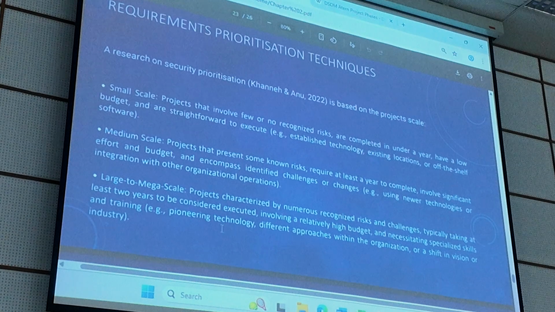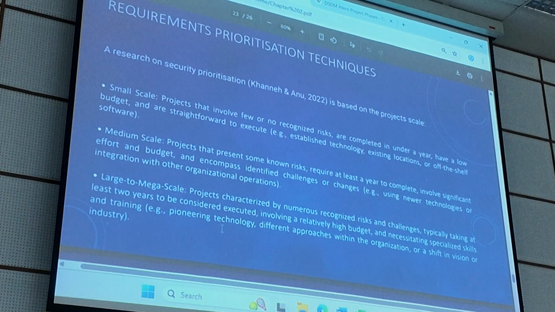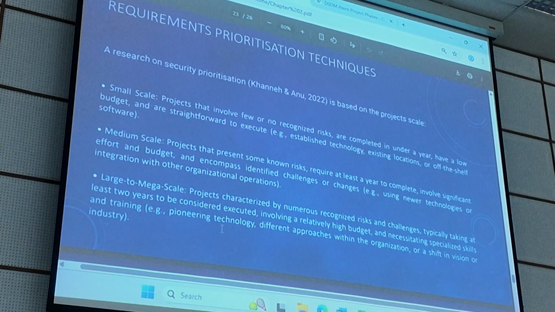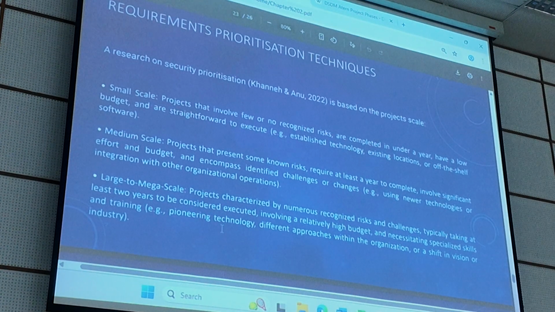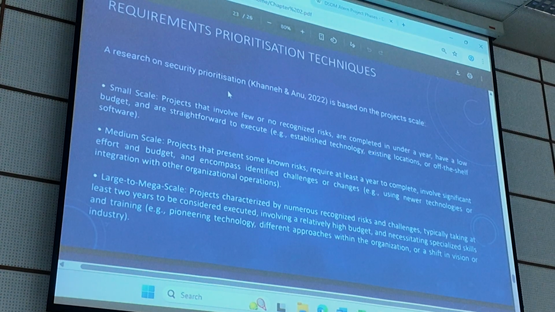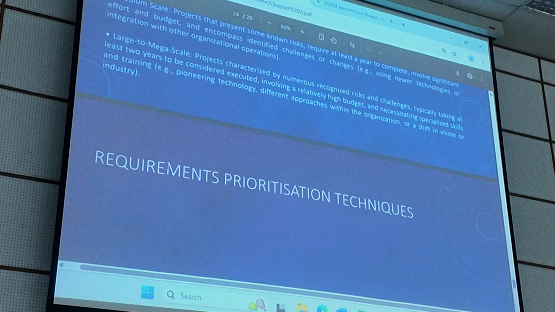Medium scale projects may have some known risks and require at least a year to complete. Large scale means very challenging, with quite high risk. So these authors did research on prioritization based on the project scale.